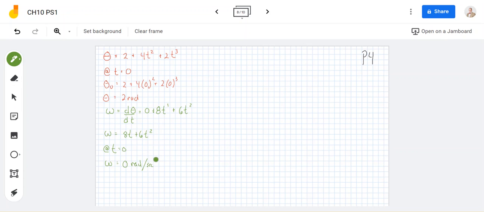C says, what is the angular velocity at time t equals 4 seconds? So we can do the same thing here. Let's just do it at t equals 4 seconds. So if t equals 4, 8 times 4 plus 6 times 4 squared. 4 squared is 16. 16 times 6 is 96, plus 8 times 4 is 32.